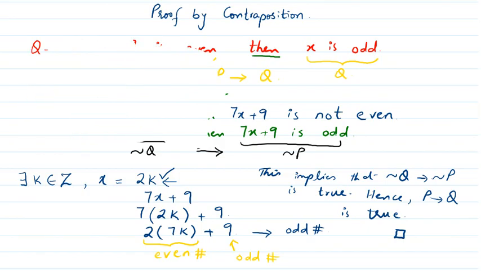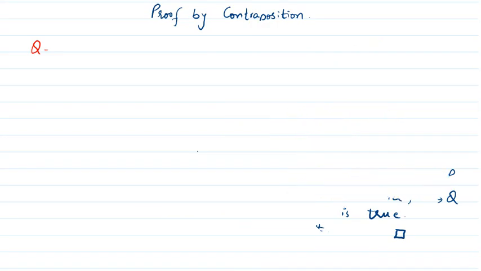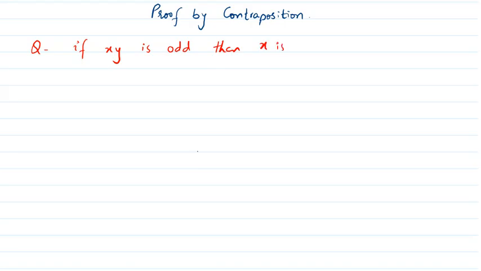Okay, ji, let's do another question here. Okay, ji, the next statement at hand is if x, y is odd, then x is odd and y is odd, right?